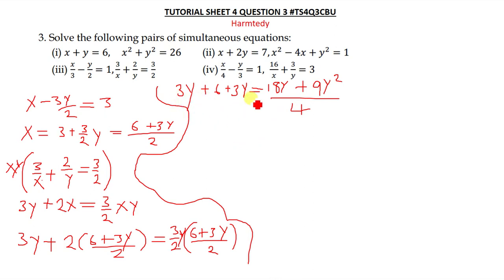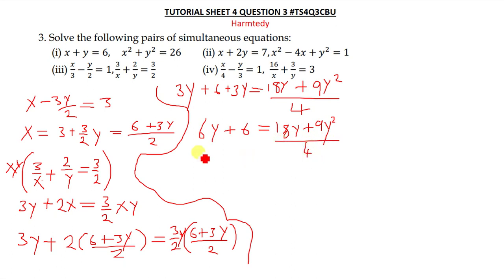So 3y plus 3y, we get 6y, and then plus 6 is equal to 18y plus 9y squared. Then we divide everything by 4.